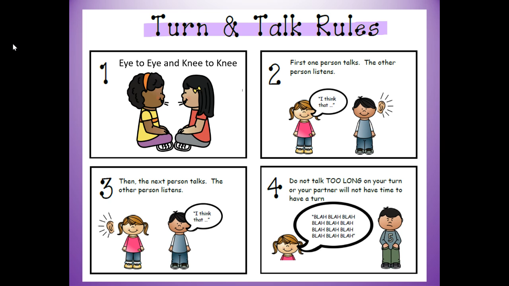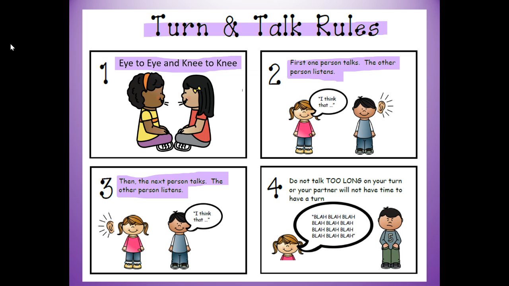Turn and talk rules. If you have a partner at home, make sure you're looking at them eye to eye and knee to knee. First, one person talks, the other person listens. So when we're having a discussion, make sure you listen to me. And if you have a partner, listen to them. Then the next person talks and the other person listens.